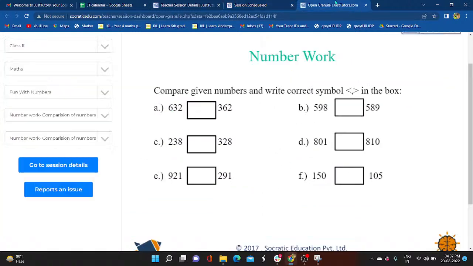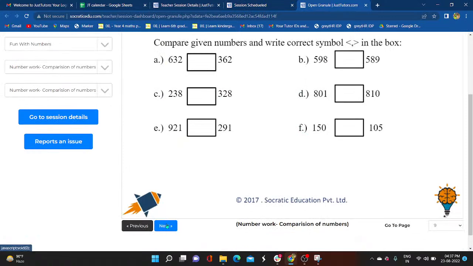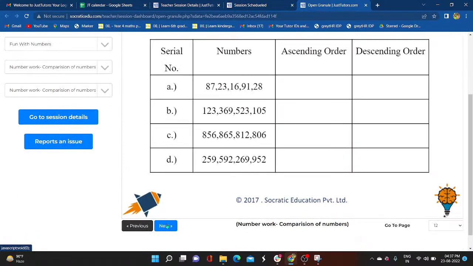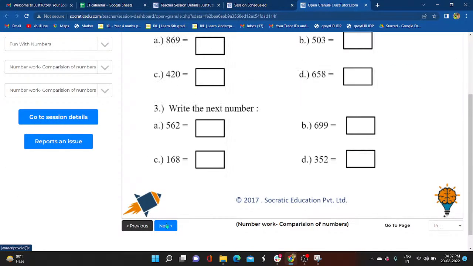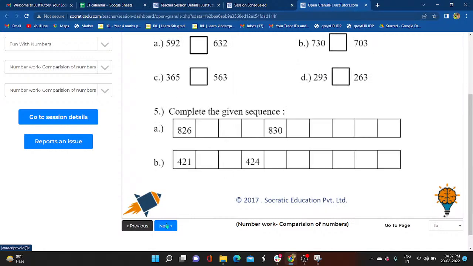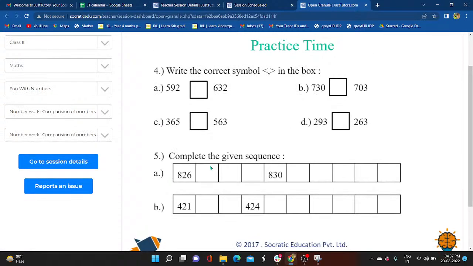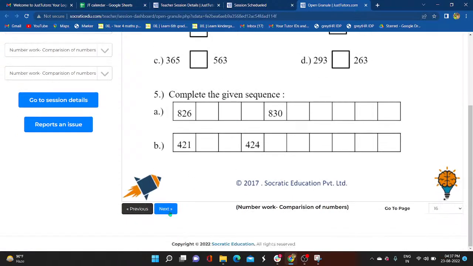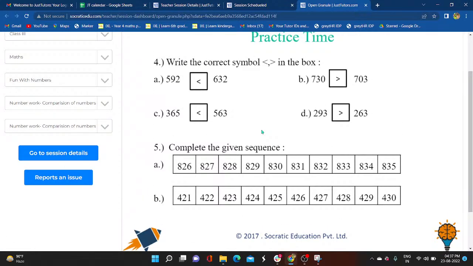Okay, now we are done with comparing numbers, we are done with ascending and descending order. Here we have a few more questions, you can take hints from here.